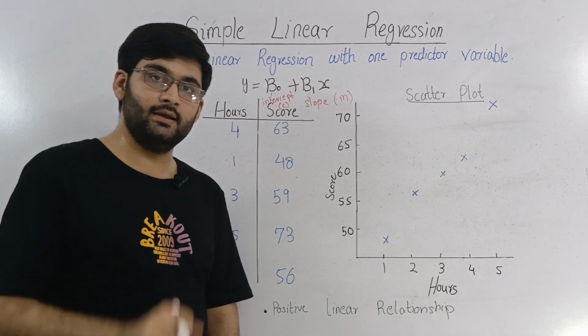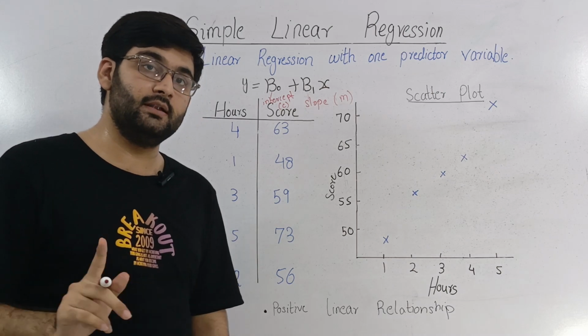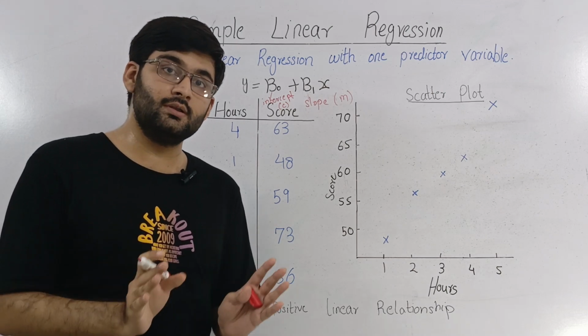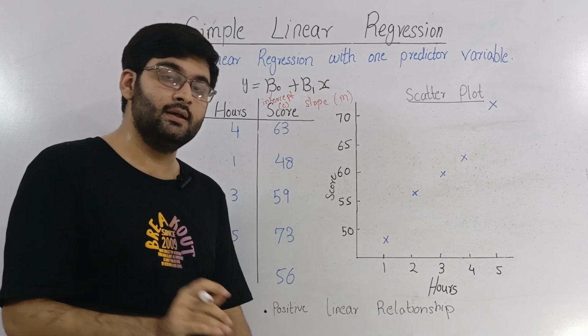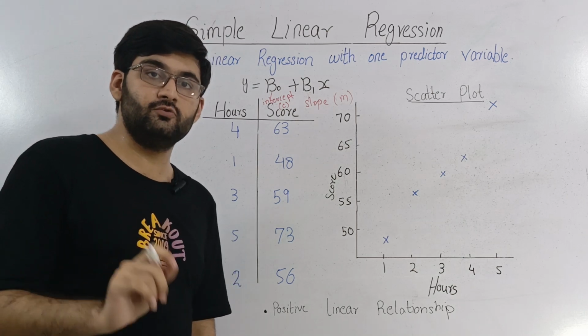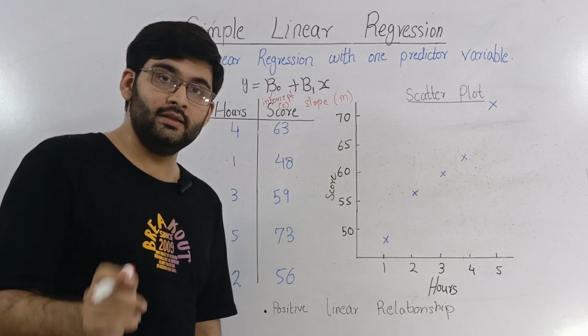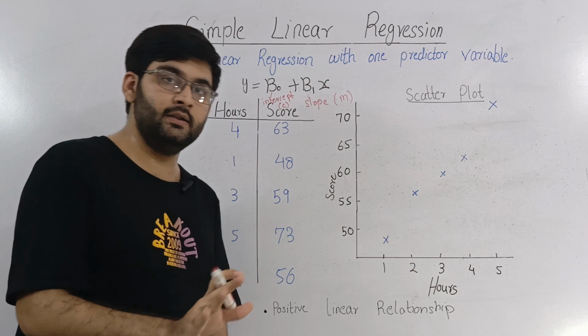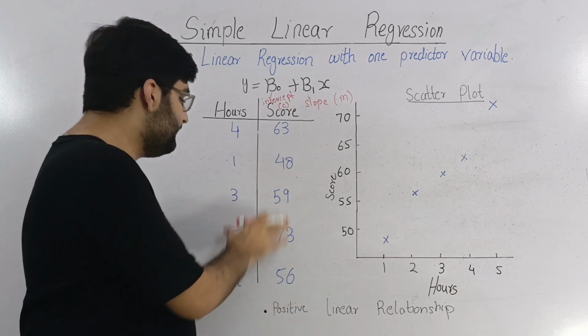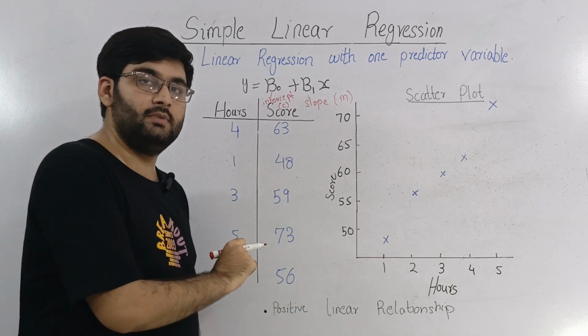Now coming back to the previous problem, where we wanted to predict the test score of a student based on the number of hours he studied. This is a data set for that problem.